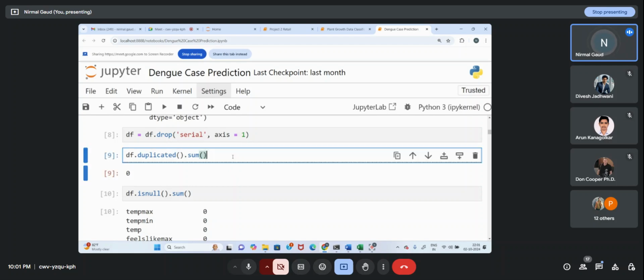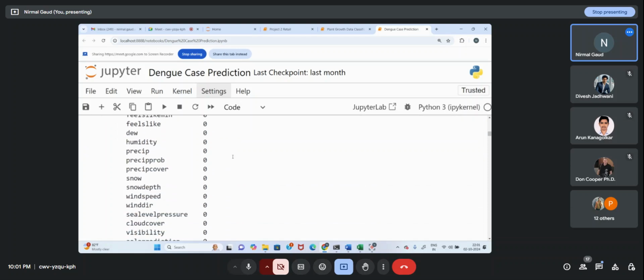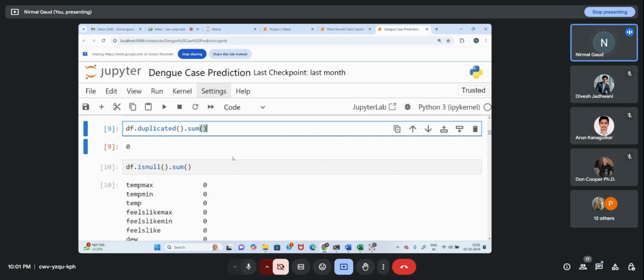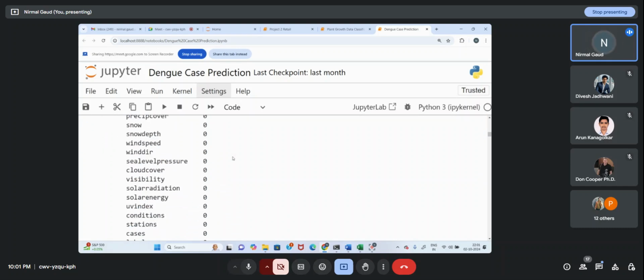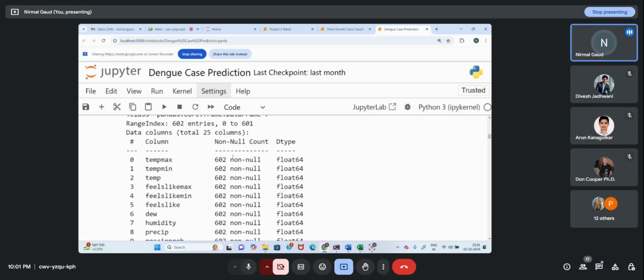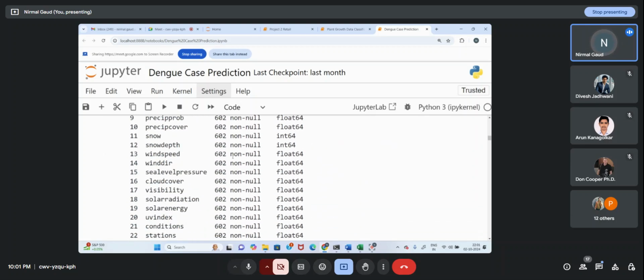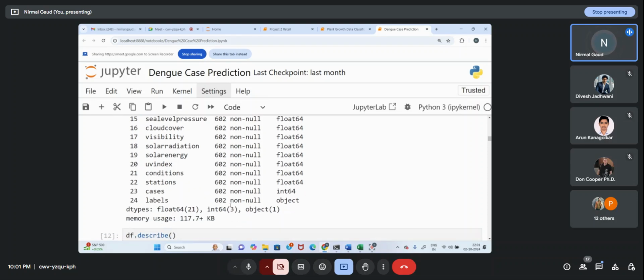There are no duplicates present in the data. Every entry is unique. There are also no null values in the data. That's what we have to check. No null values, no duplicates. In the information I printed, all are floating point or integer, and only the label is object type. The rest are all numerical values.